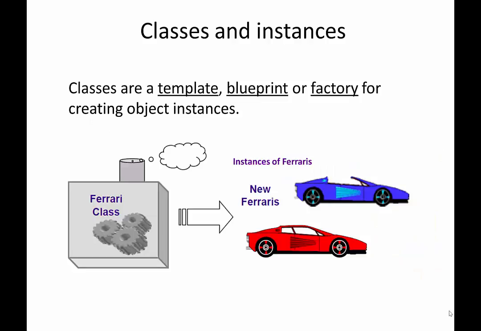We've met these already to a certain degree. A class in the object model is a template, blueprint or factory for making object instances. It's a thing that we define, it's a template, our class, then you say, give me a new instance of that class.